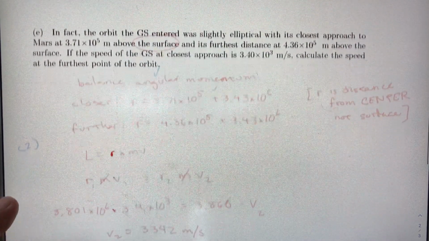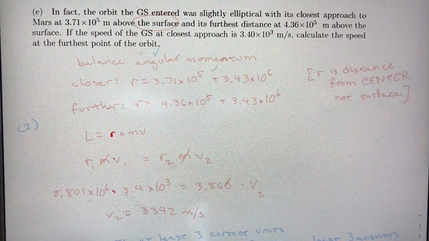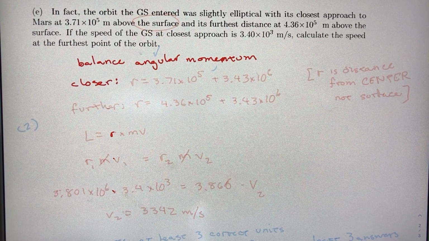Let's see. We're going to balance angular momentum. Now, notice that if you're above the surface, you have to add the radius of Mars itself.